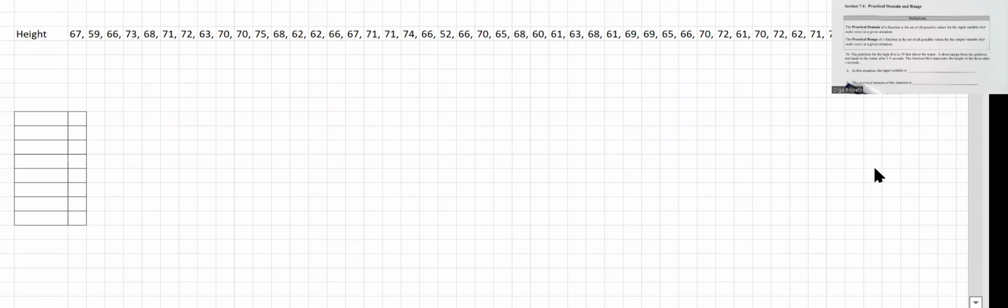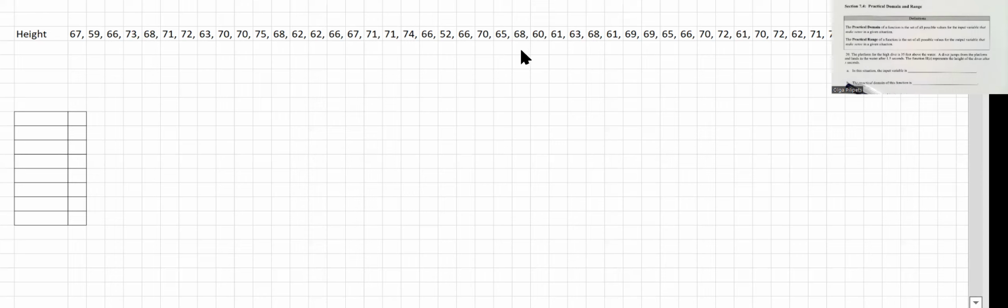Here in this spreadsheet, we have values that represent students' heights in inches. The minimum value here I see is 52, and the maximum value I see was 78.